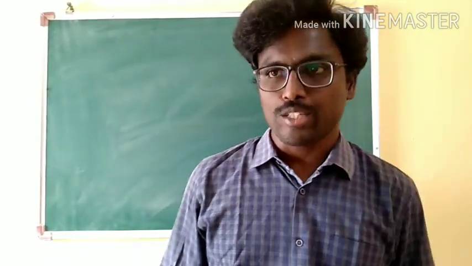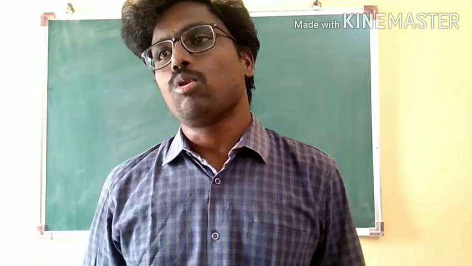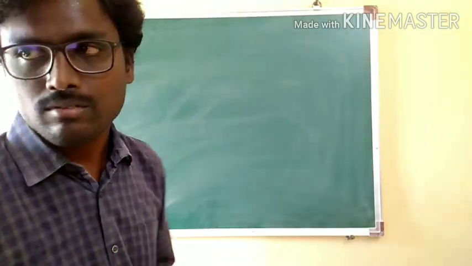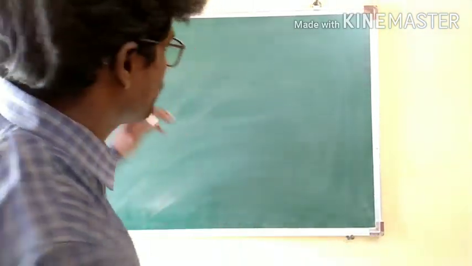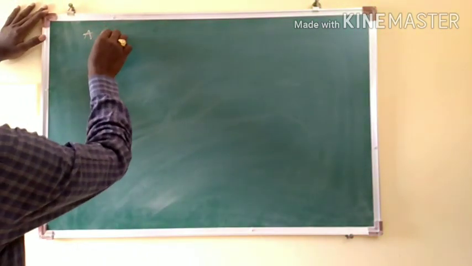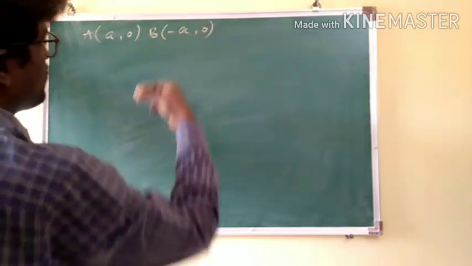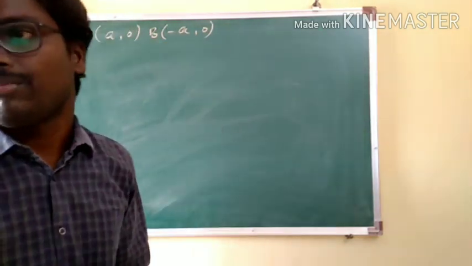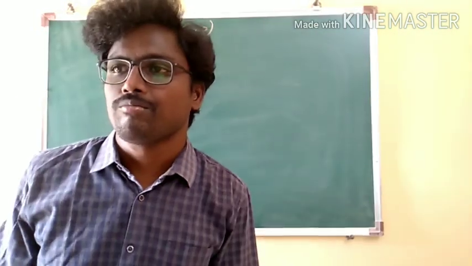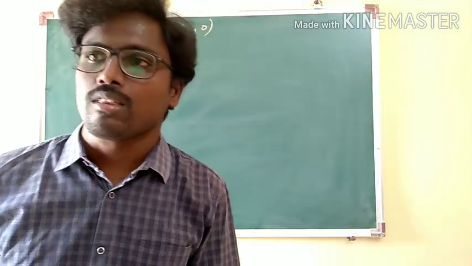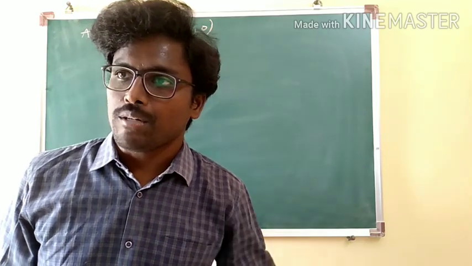Let's go with the next problem, even in today's lecture also. The coordinates of the points A and B are A comma 0 and minus A comma 0 respectively.